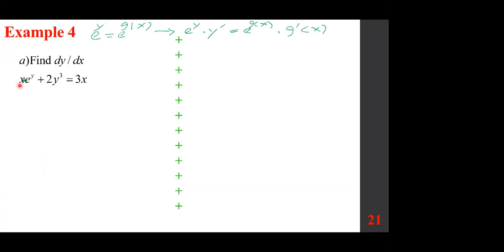I hope you remember the basics that we have done. And so x gives you 1 times e to the power of y plus e to the power of y gives you itself times g prime of x, which means y prime, plus 2y cubed is 6y squared y prime, and the right side is 3.